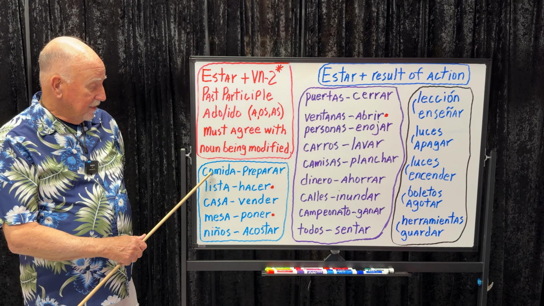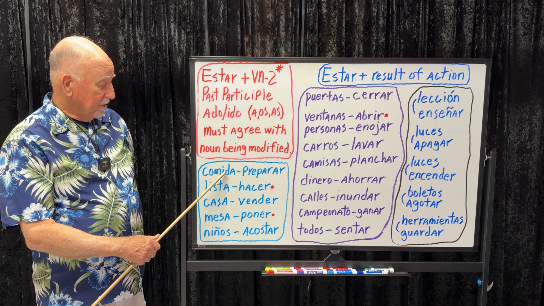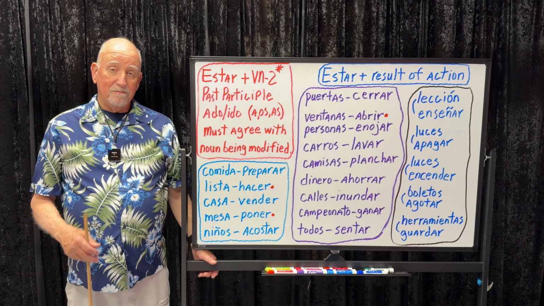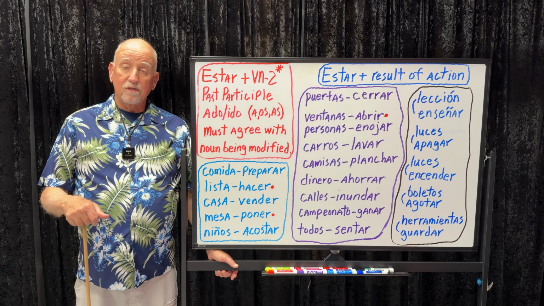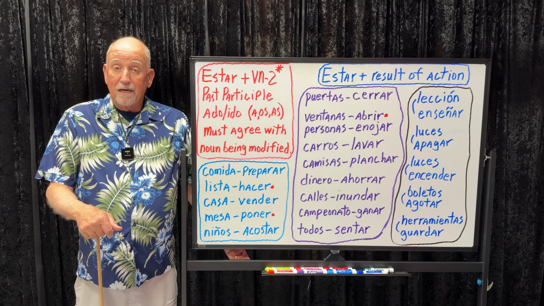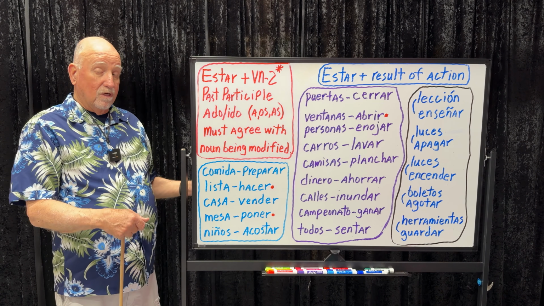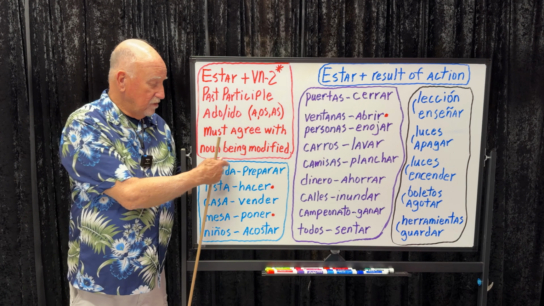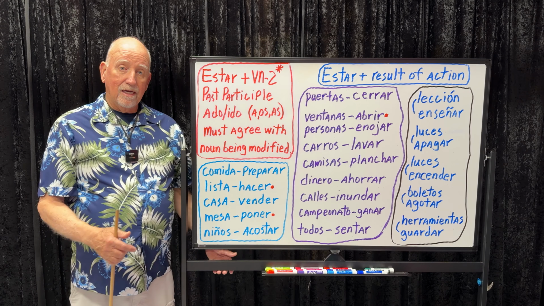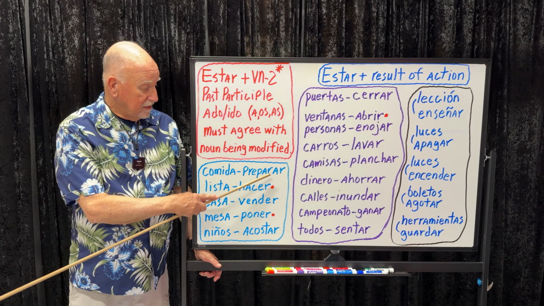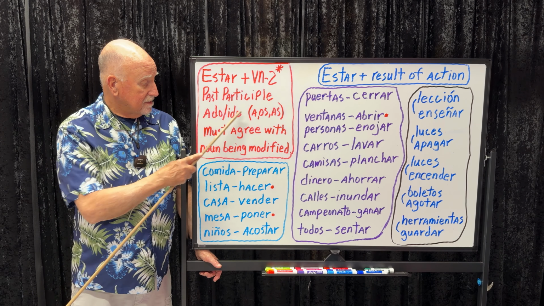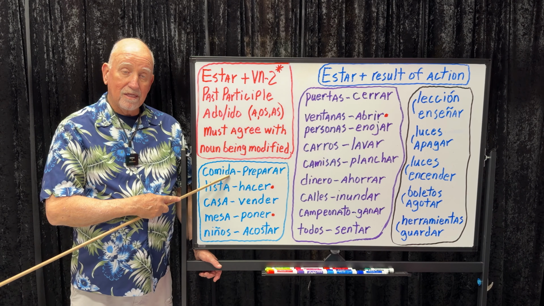So here we go. Let's say the food is prepared. The meal is prepared. So that would be la comida está. We're going to go in the present tense with estar. You could say estaba, like in the past, the food was ready, la comida estaba. Okay, but we're going to say the food is prepared, the food is ready. Okay, la comida está, you're going to take preparar, you're going to come over here and you're going to use an A instead of the O because it's la comida.